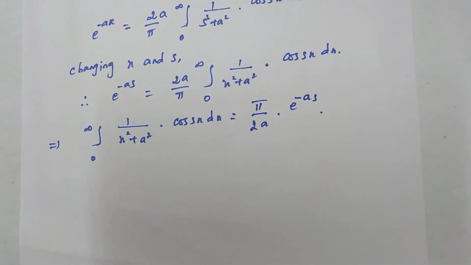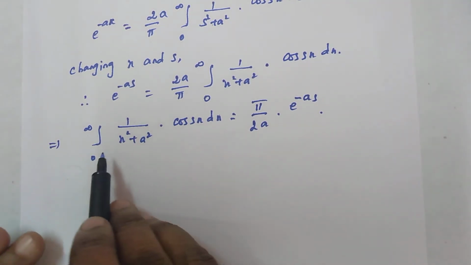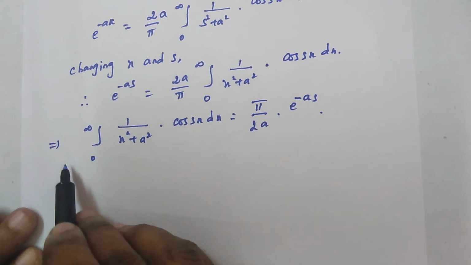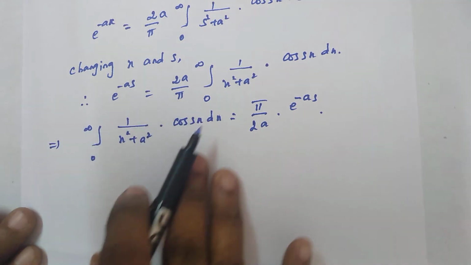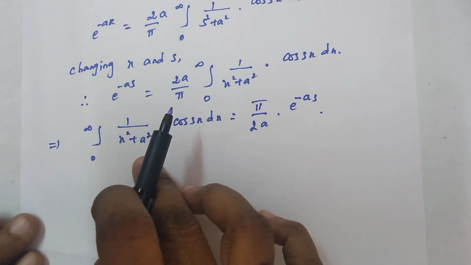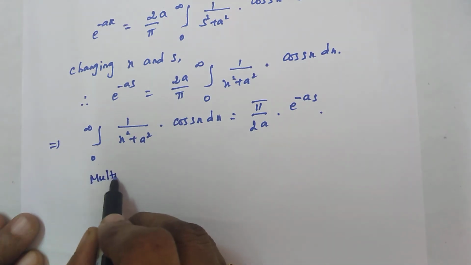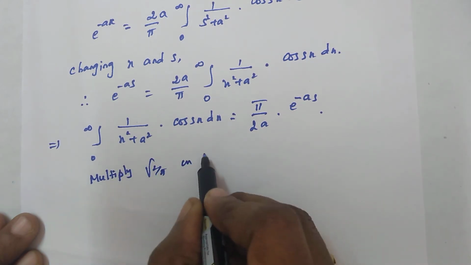Now in our question we have to find out the Fourier cosine transform for 1 by x square plus a square. Now this is of the form of Fourier cosine only, but here we need that root of 2 by pi. If root of 2 by pi is there, then this is the cosine transform for 1 by x square plus a square. So now what we are going to do is multiply root of 2 by pi on both sides.